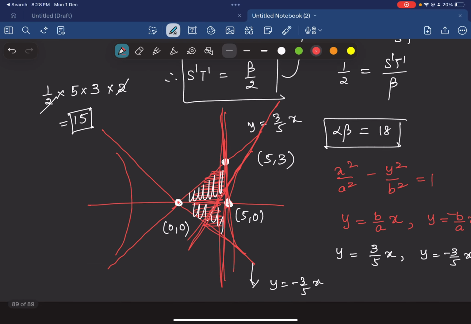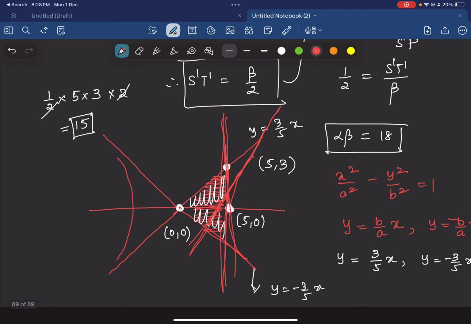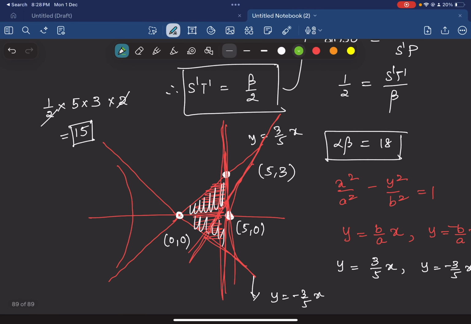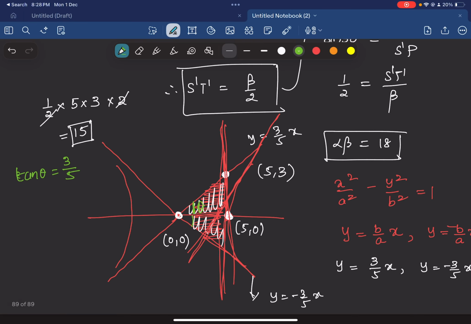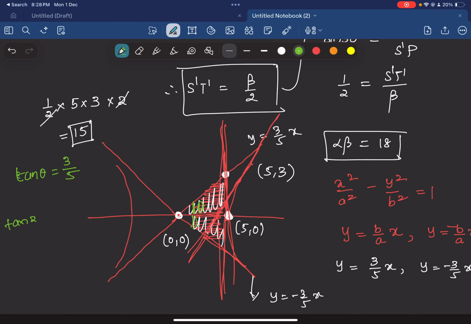All right, now the third option, they are asking us to find the angle between the asymptotes. Let us say this angle is theta. Then tan theta will be 3 divided by 5. But we need 2 theta. So tan 2 theta is equal to 2 tan theta upon 1 minus tan square theta.